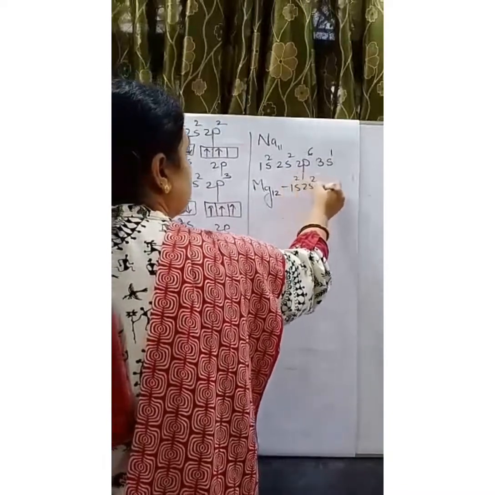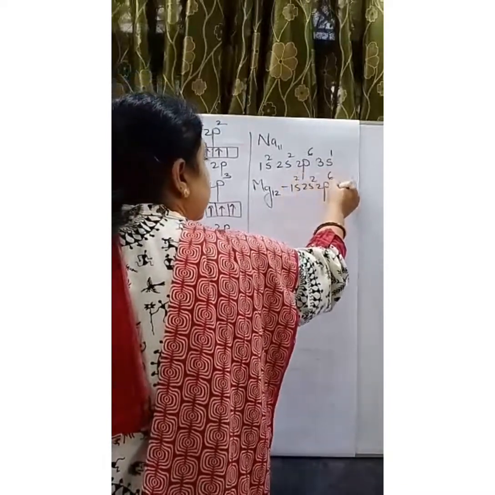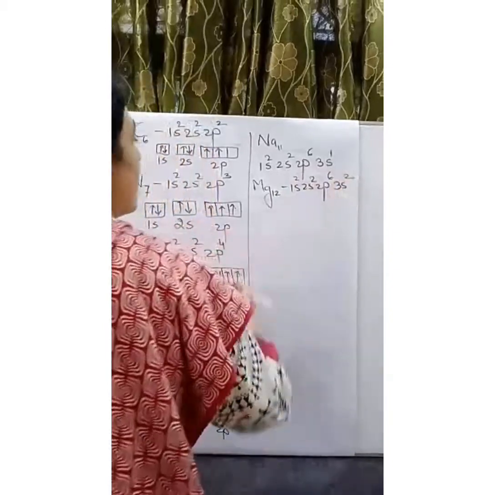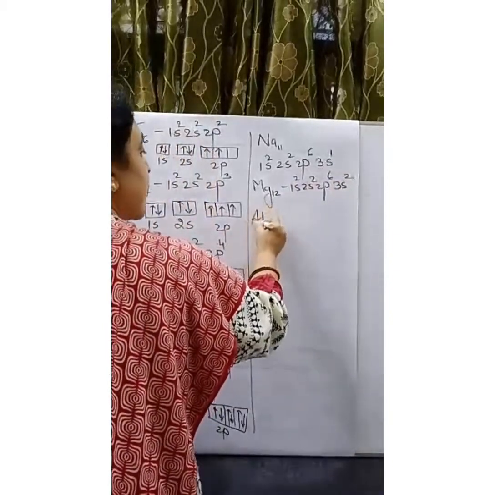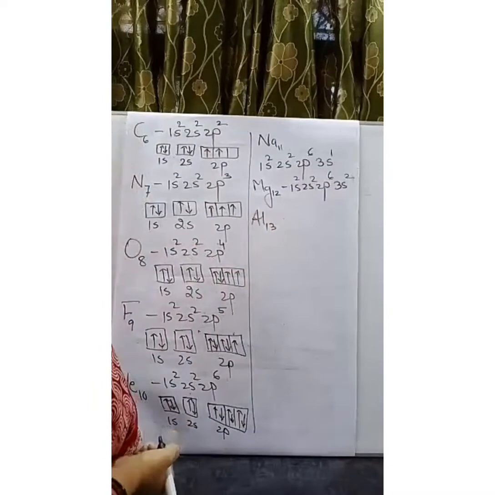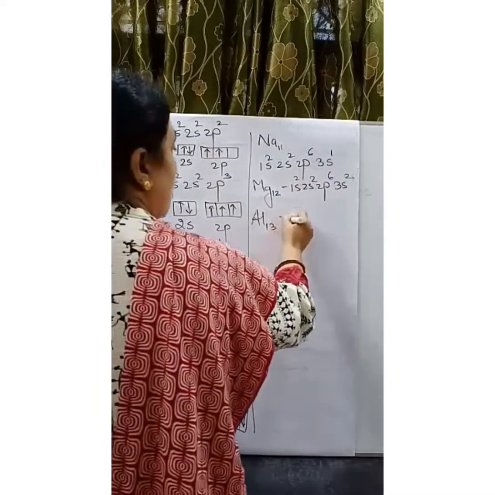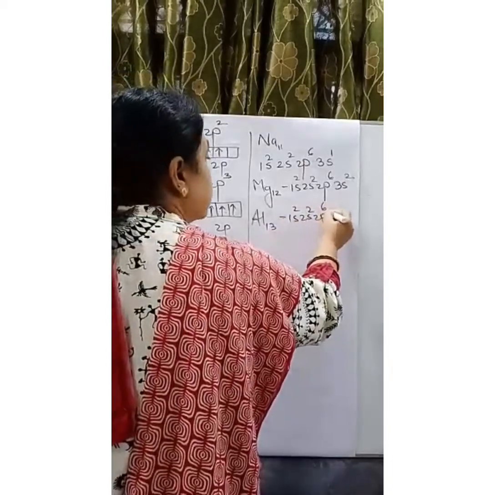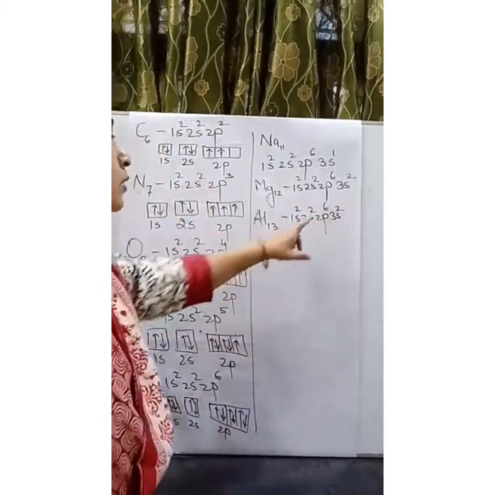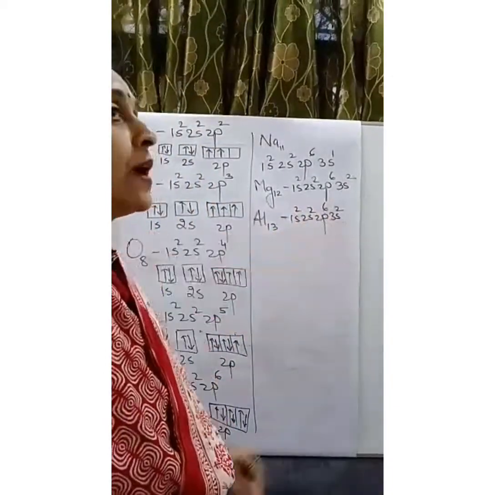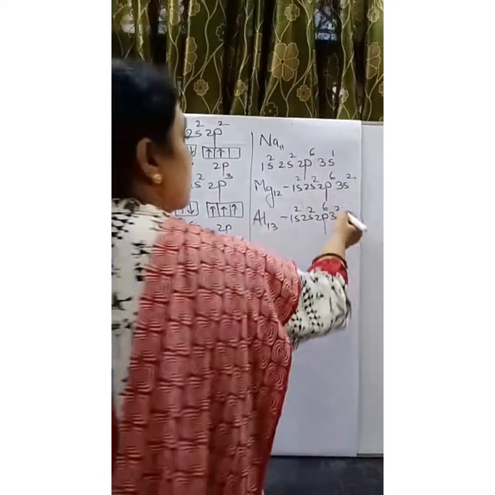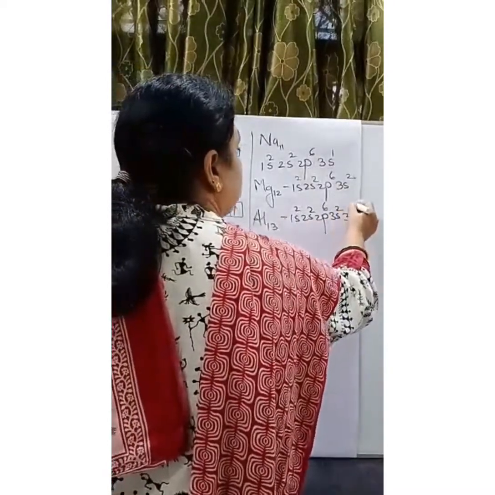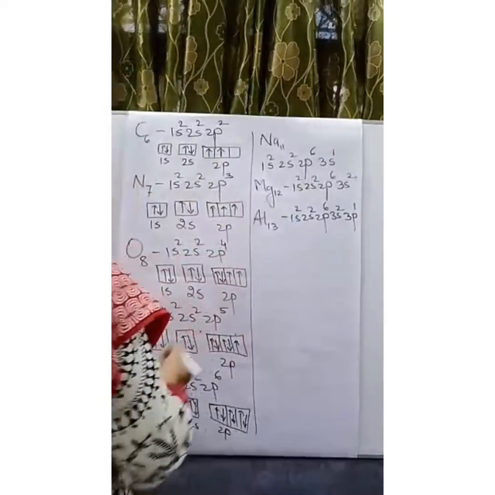Magnesium: 1s2, 2s2, 2p6, 3s2. After magnesium comes aluminium, atomic number 13: 1s2, 2s2, 2p6, 3s2. Wait and calculate: 10, 11, 12. One more, which is going to go into the 3p orbital, 3p1.